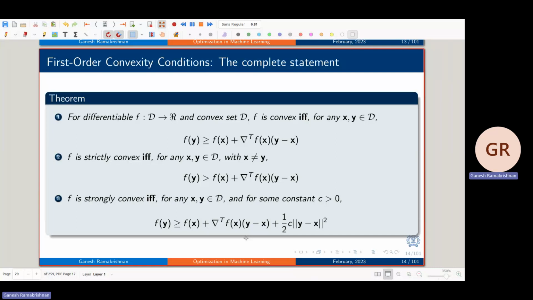It depends on which point here and which point on the y you're talking about. The gap should be at least proportional to the norm of y minus x squared, the Euclidean distance squared. So C can obviously be 0 in the case of convexity. If C is not 0, then strong convexity would also imply strict convexity.